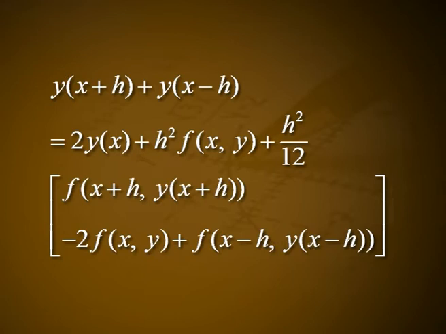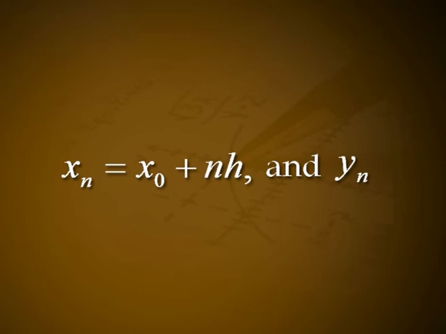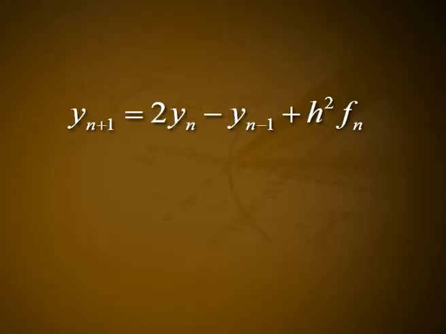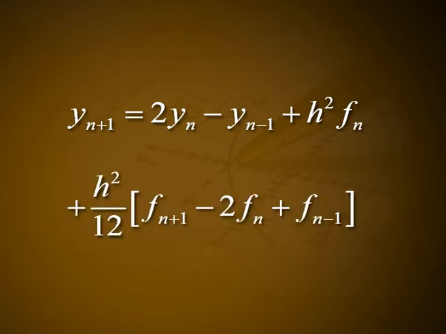Letting xₙ = x₀ + nh and yₙ be the approximation to y(xₙ) and fₙ = f(xₙ, yₙ), the Numerov method proceeds recursively via the implicit equation for yₙ₊₁ as follows: yₙ₊₁ = 2yₙ − yₙ₋₁ + h² fₙ + (h²/12)(fₙ₊₁ − 2fₙ + fₙ₋₁).